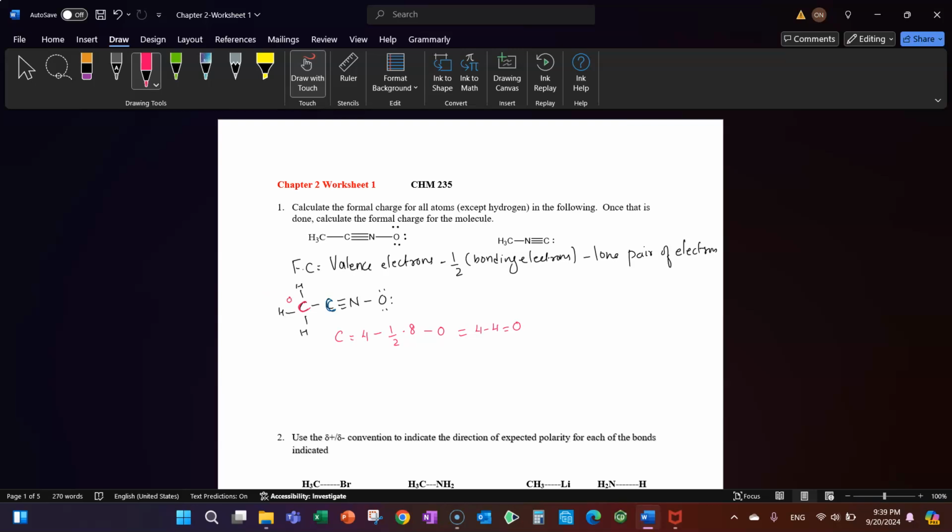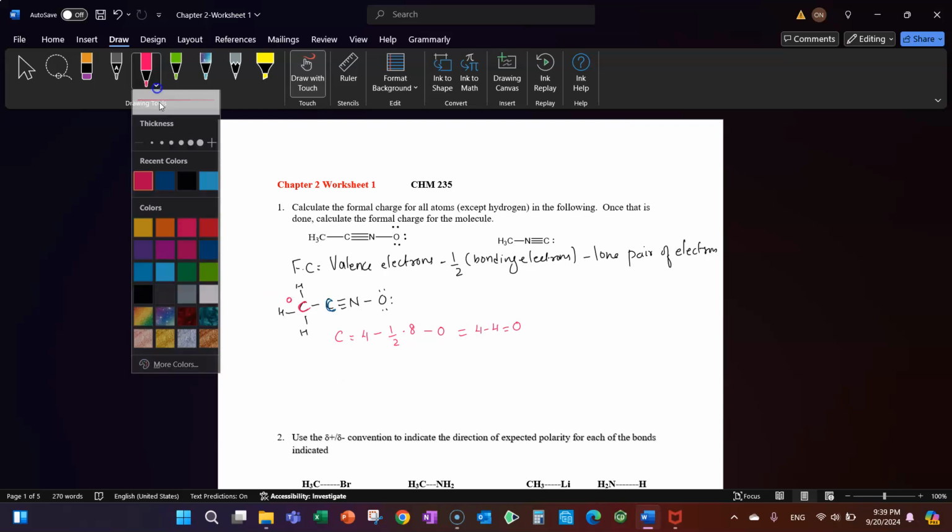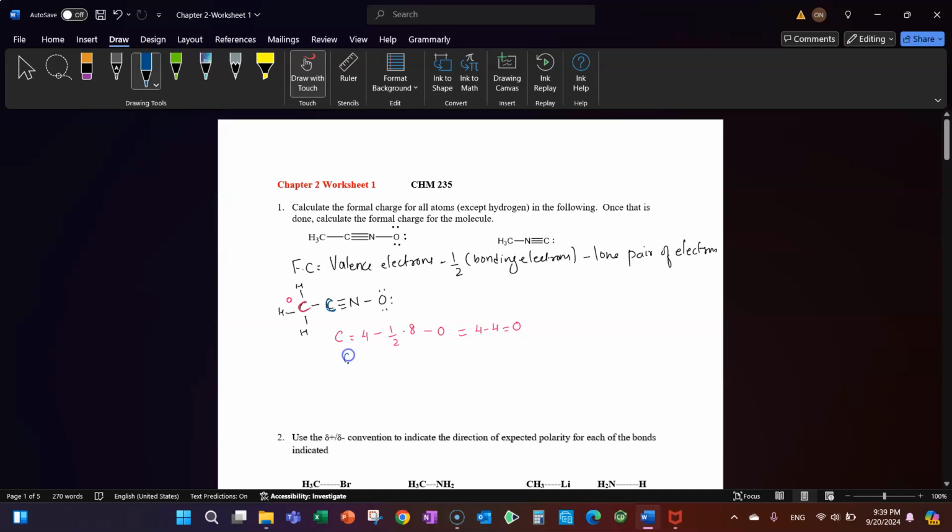So the formal charge on this carbon atom is 0. Now for the blue carbon, it would be again 4 valence electrons minus 1/2 of 2, 4, 6, 8 bonding electrons, minus 0 again, and that would come out to be 0. So the formal charge on this one is also 0.